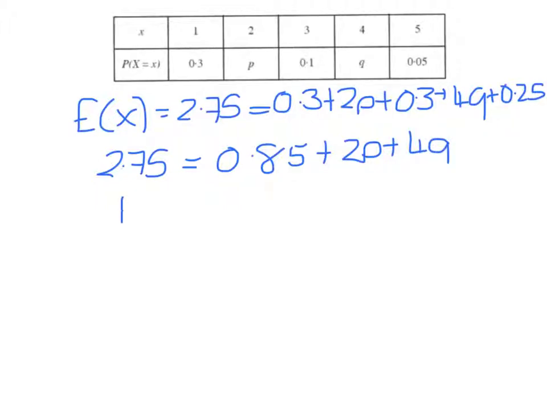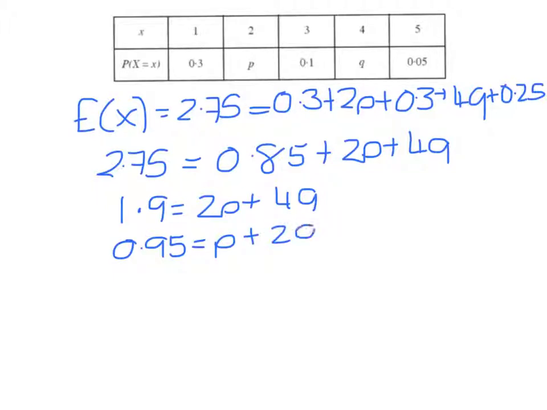Subtracting that, 1.9 has to equal 2p plus 4q, and then dividing through by 2, 0.95 has to equal p plus 2q.